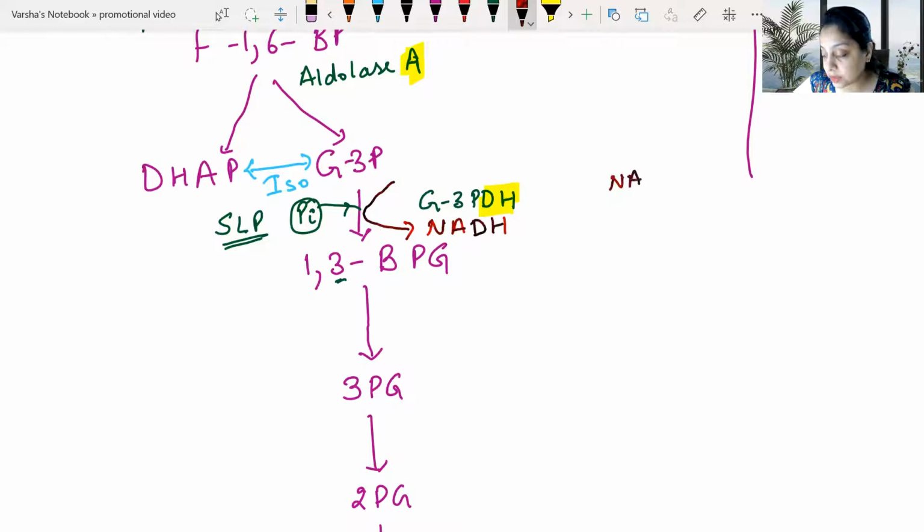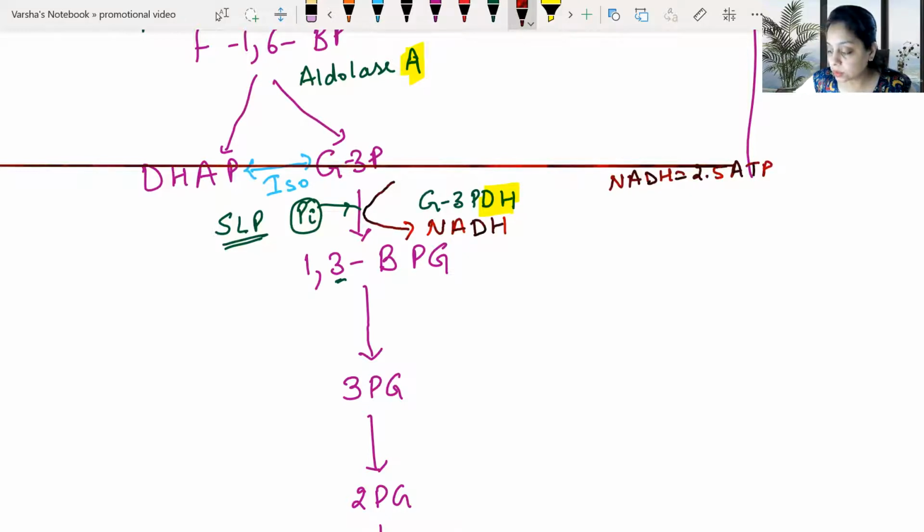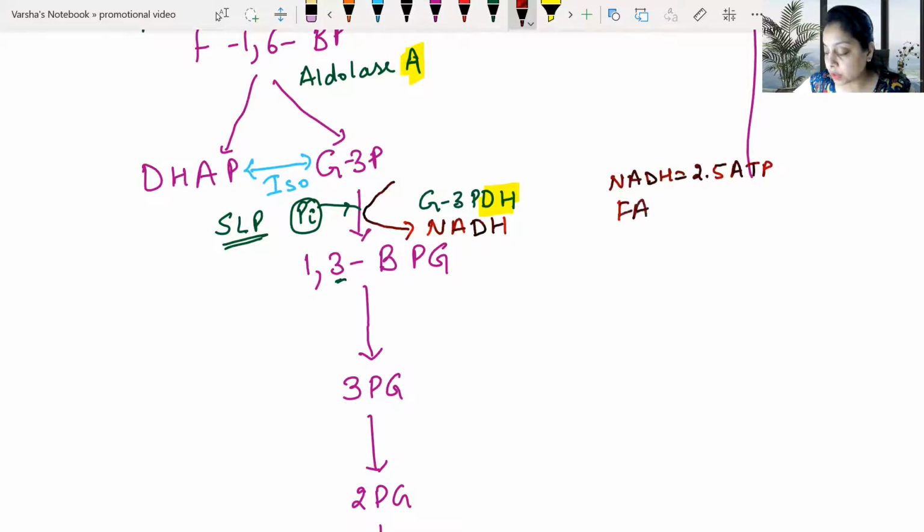NADH is equal to 2.5 ATP, and another reducing form, FADH2, is 1.5 ATP. Since this is the first cycle, we are going to take longer so that you know how to write it, and then in further cycles I'm going to speed up.